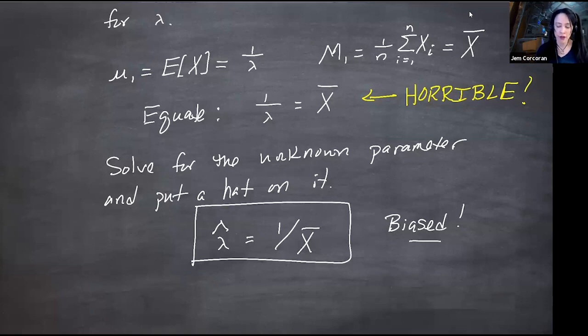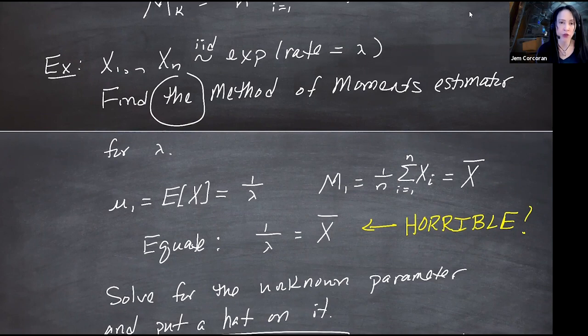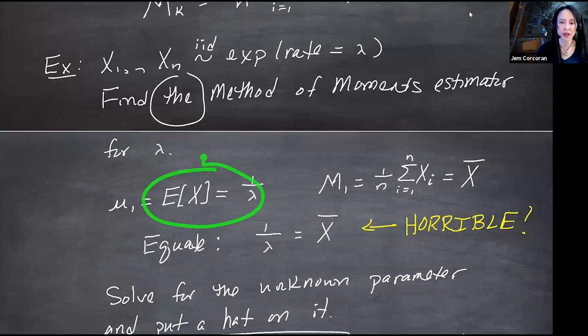And I want to go back to the word "the" as opposed to "a" method of moments estimator. Really equating any moments and solving for lambda will give you a method of moments estimator. So for this example, I could have looked at the second moment, the expected value of x squared, and I could have looked at the second sample moment and equated them and solved for lambda, and I'd get something different, but it would also be known as a method of moments estimator.